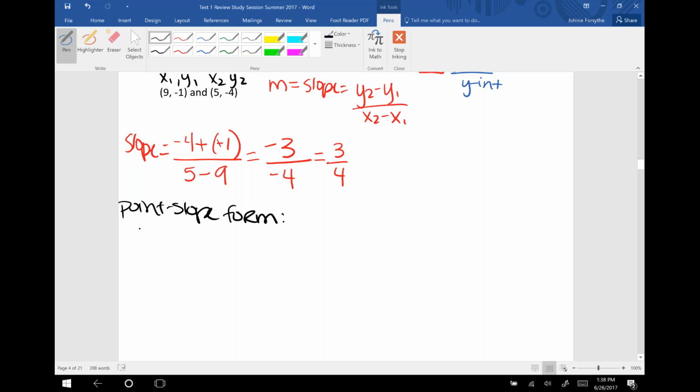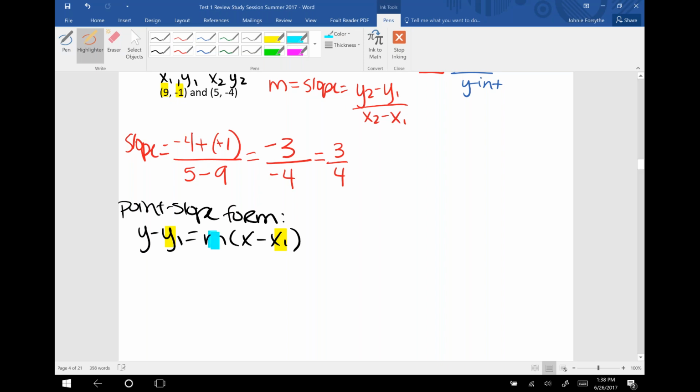So point-slope form is y minus y1 equals m times x minus x1. So the x1 and the y1 should come from a point on your line. And so for the sake of being consistent with how I labeled my points, I'll use what we have up here. But you could totally use the other point if you wanted to.